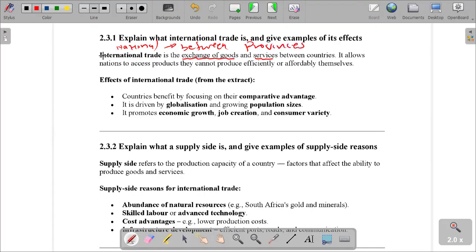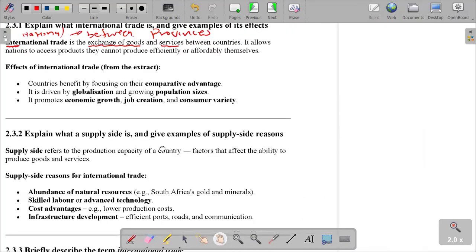But it states here it's international, so it's between two or more nationals, which is between two or more countries. Remember what trade is. Trade, in simple terms, is the exchange of goods or services.